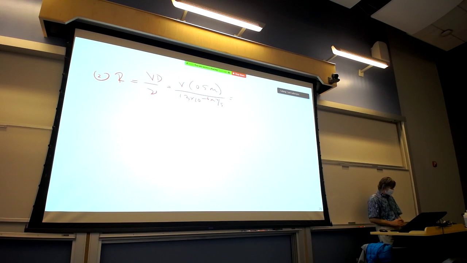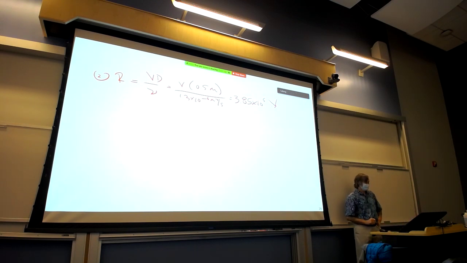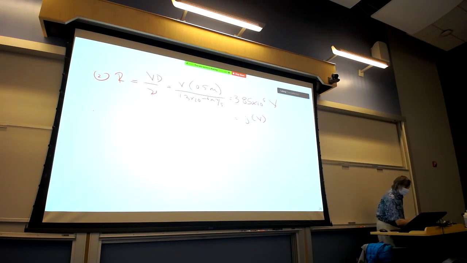And that just tells us that the Reynolds number is 3.85 times 10 to the fifth velocity. The third thing was to calculate relative roughness, which we've already done 3 other times today. 0.00025 meter over diameter 0.5 meter is 0.0005.